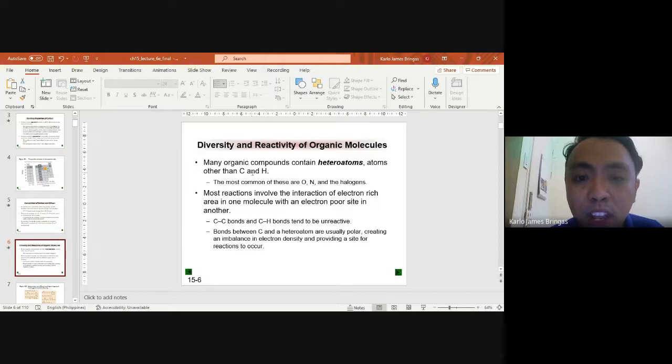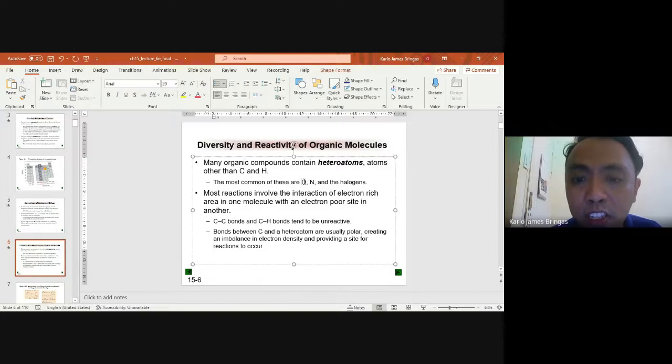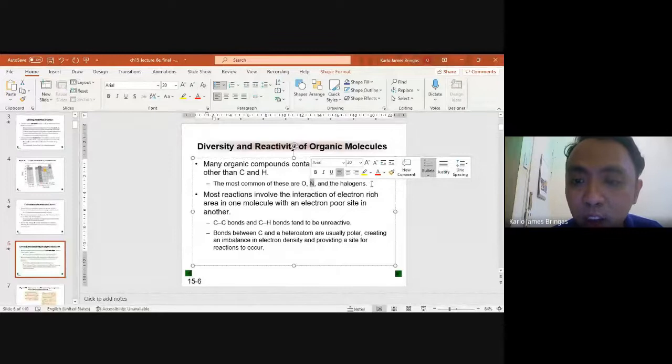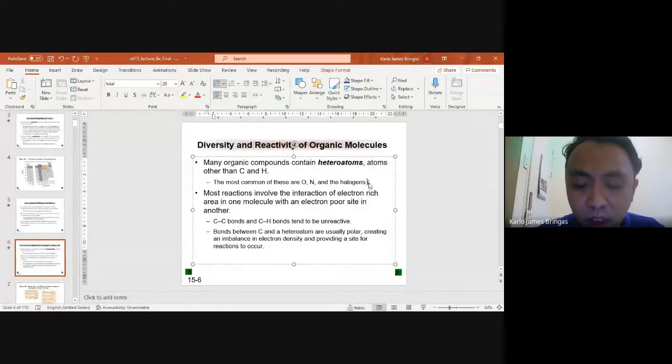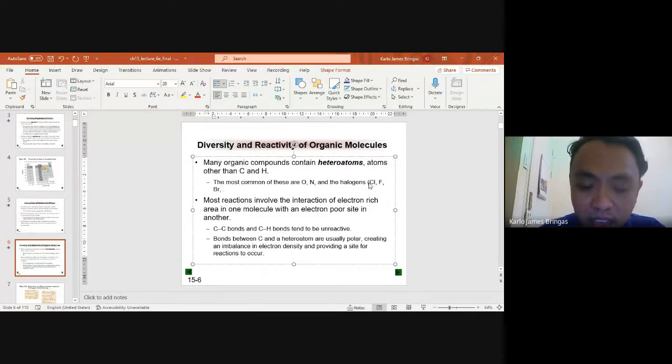So aside from carbon and hydrogen, the common ones we see in organic molecules are oxygen, the O atom, nitrogen, and the halogens, namely chlorine, fluorine, bromine, and iodine. So our organic molecules are able to undergo chemical reactions by the interaction of electron-rich areas in one molecule with an electron-poor site in another.